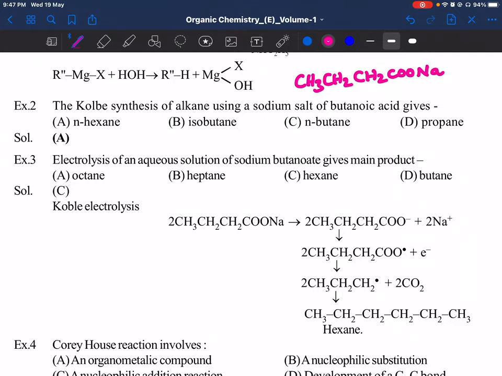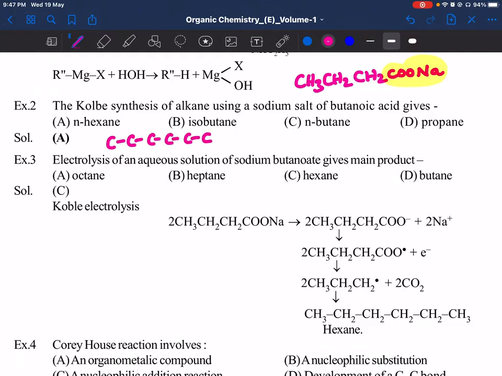COONa. This one gives, so one carbon should be lost. After losing this COONa, the remaining three carbons combine with another molecule of three carbons. There you can get n-hexane. So like that, a straight chain.